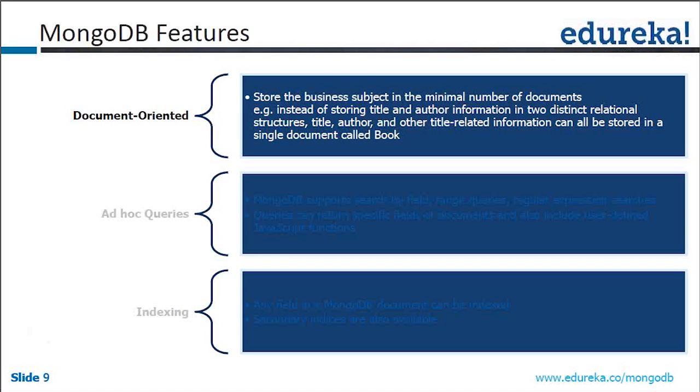Okay, so instead of storing those information into two different tables in case of RDBMS, what we do in case of MongoDB is we come up with one single structure of a JSON format, and we save it into one collection. As I said, collection is the analogical term of table in case of RDBMS. So in case of MongoDB, we call it collection, right? So that's what a document oriented database is. Everything is a document here.